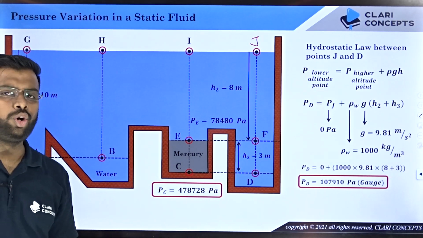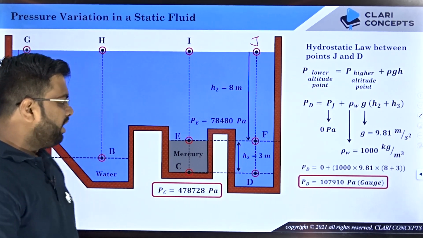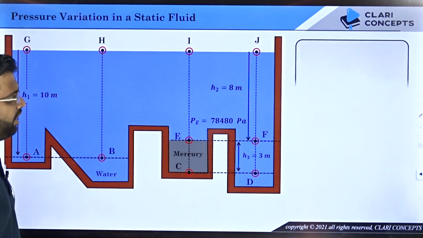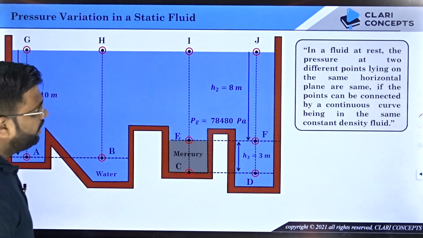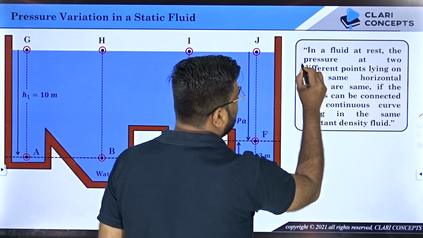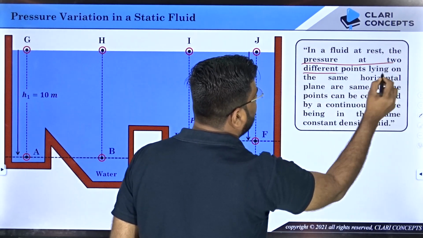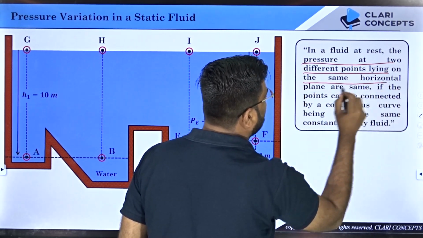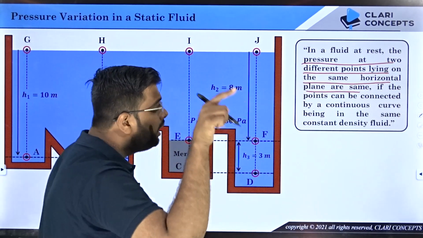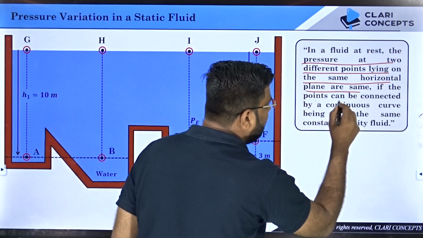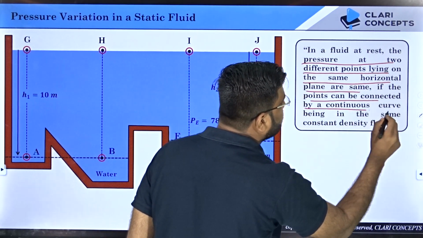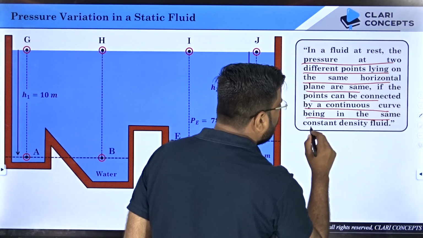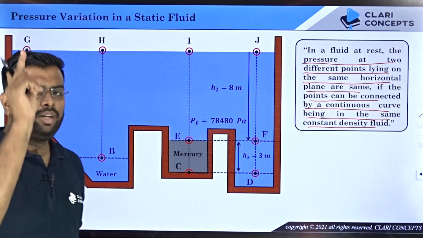Now, then what could be the common reason, common statement? Now, understand this thing. Common statement is, in a fluid at rest, the pressure at two different points lying on the same horizontal plane are same if the points can be connected by a continuous curve lying in the same constant density fluid. What does it mean?